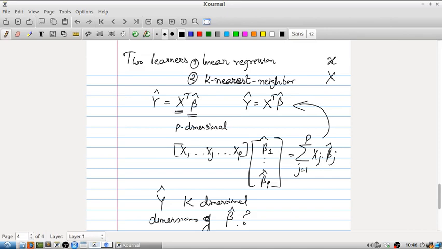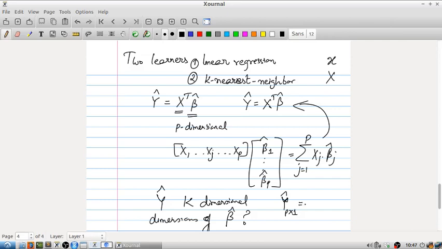I'm a little bit incorrect here, because it depends on how you write it. If I make y p-dimensional and want to keep it as a column vector, then y hat is p cross 1. You might have seen this notation in linear algebra class.